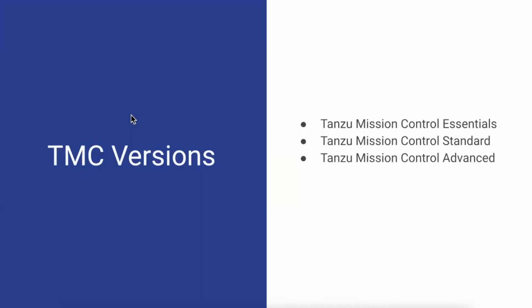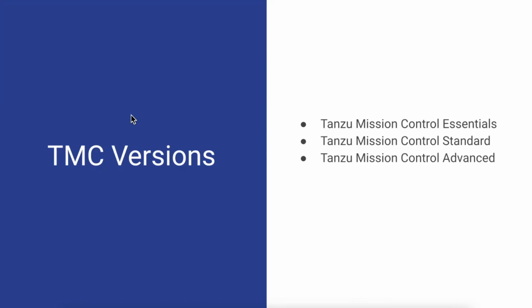Now, based on the use cases, TMC is also classified into different versions, starting from Tanzu Mission Control Essential, Standard, and Advanced. There is one more that has been announced, called TMC Starter. Before I talk about these, I'll quickly talk about TMC Starter. TMC Starter is a free version of Tanzu Mission Control, which is not yet available for our usage, but I believe it's going to come soon.